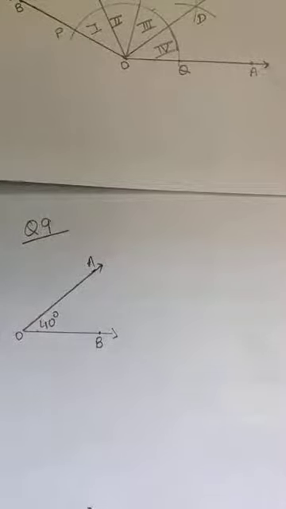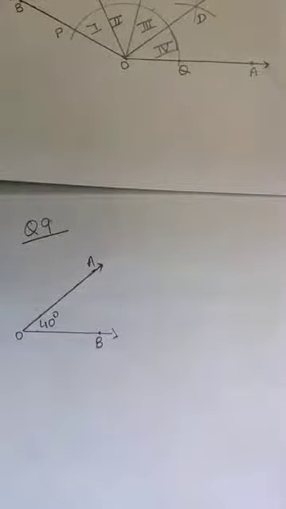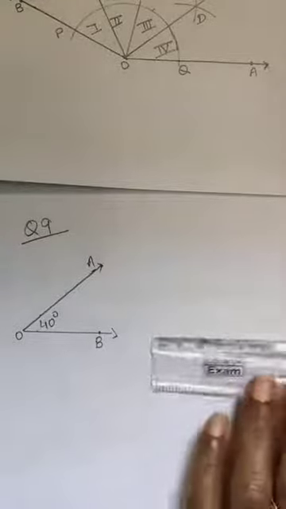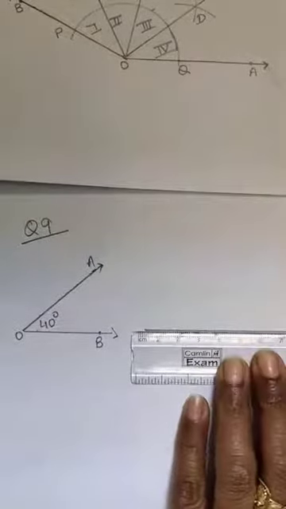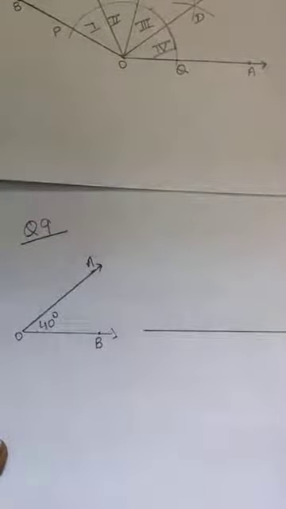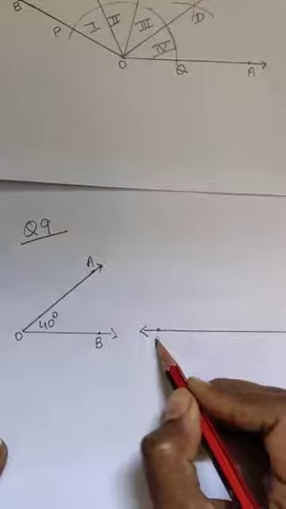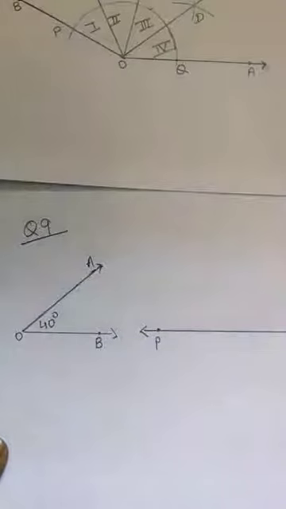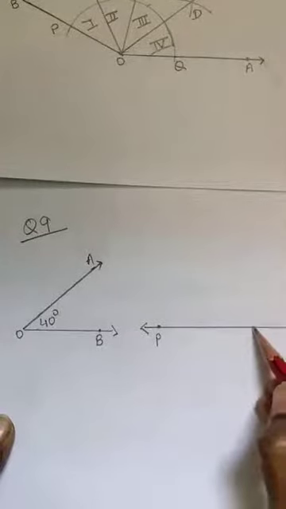First of all, draw an angle AOB equal to 40 degree with the help of protractor. Now draw a line PQ. This is your line PQ. Mark a point M on it.